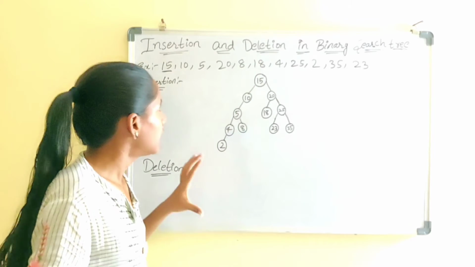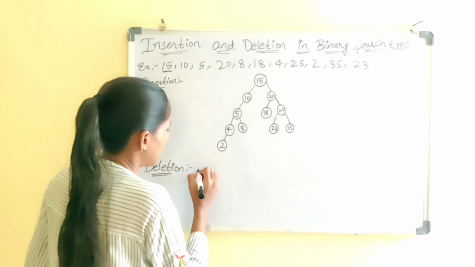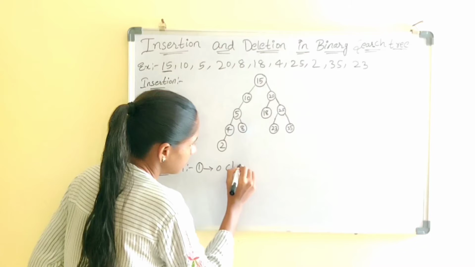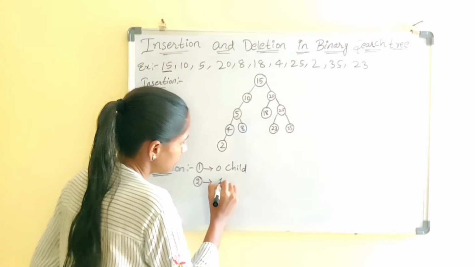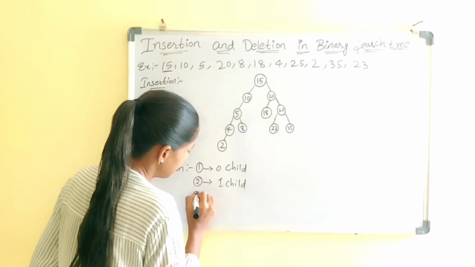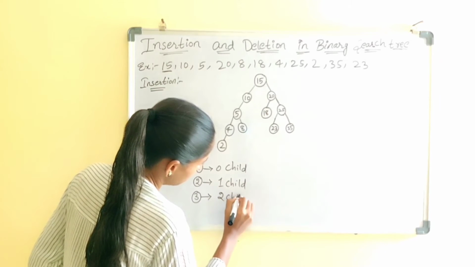We have to see deletion. In the deletion method, we have 3 rules. One is 0 child. Second one is 1 child. Third one is 2 child.